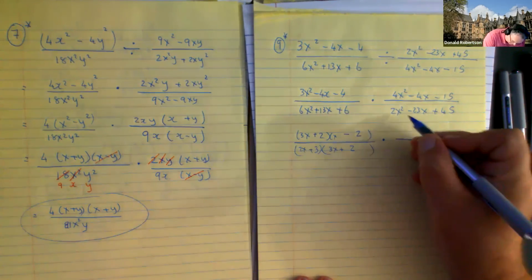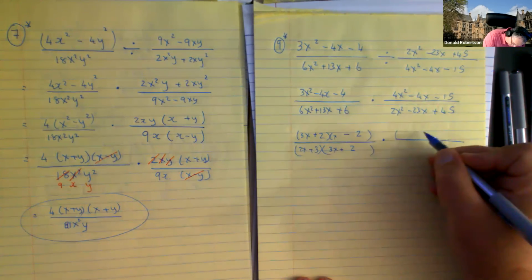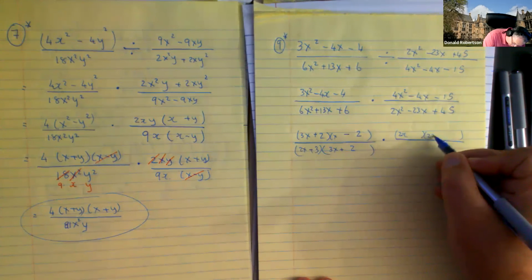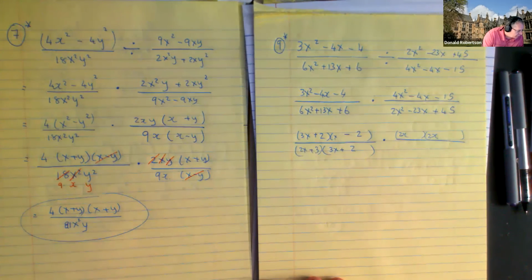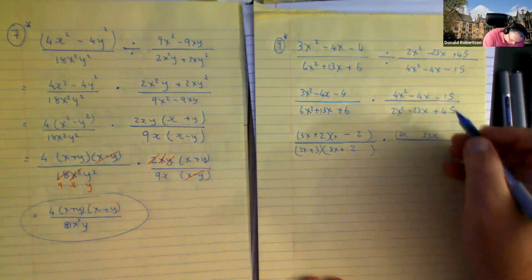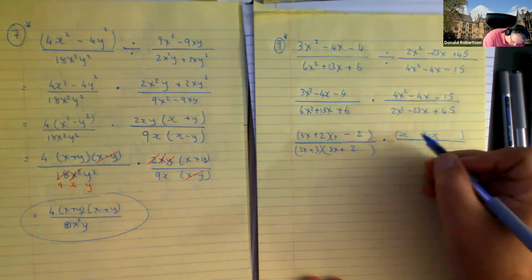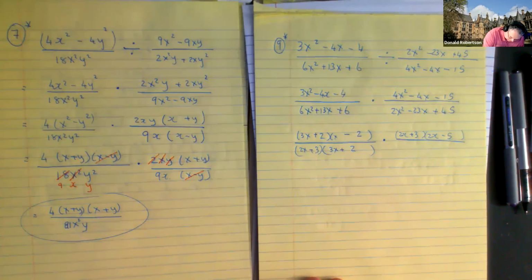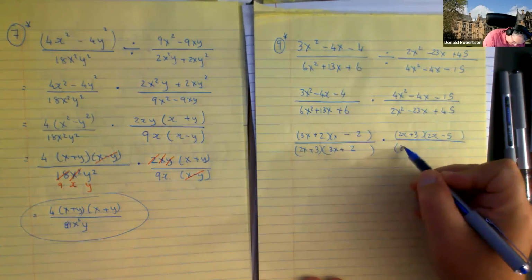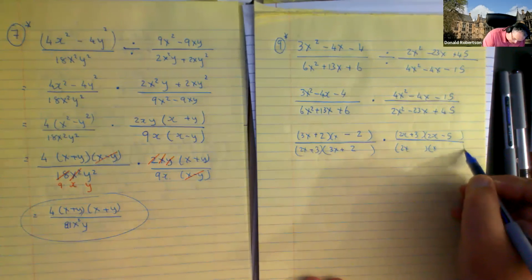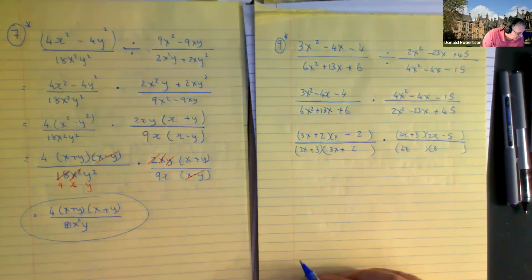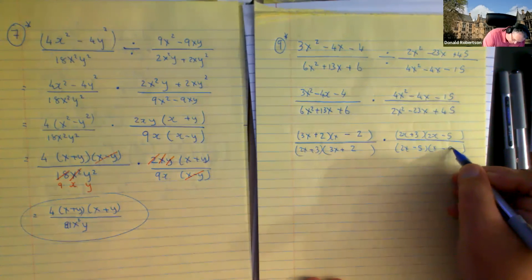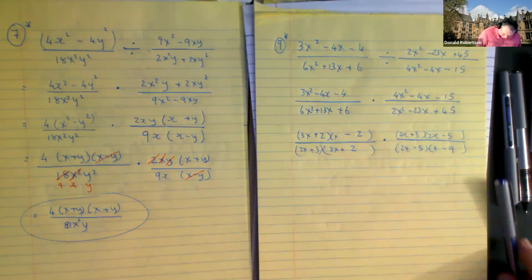This one here, the 4x squared, could be a 4x with a 1x, or it could be a 2x with a 2x. That combination does work. And we are looking for combinations of this one. So after a lot of trial and error, we'll eventually get that one, and it works. And this one here, 45 is a pretty big number, but the combination that works are those two negative numbers.